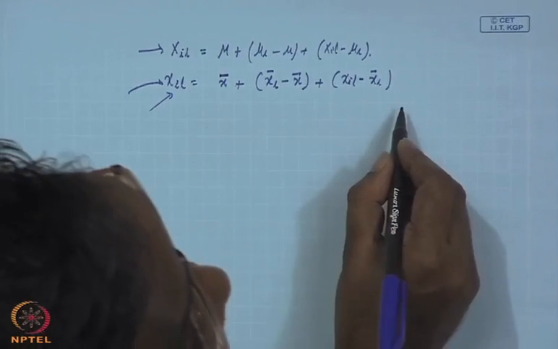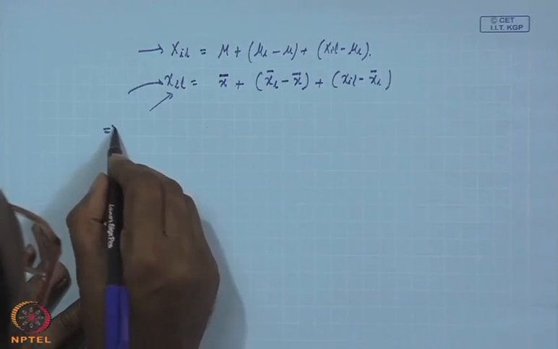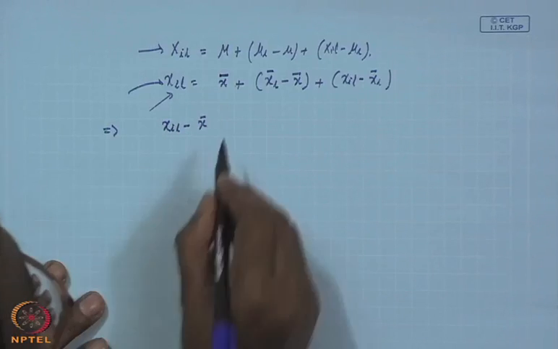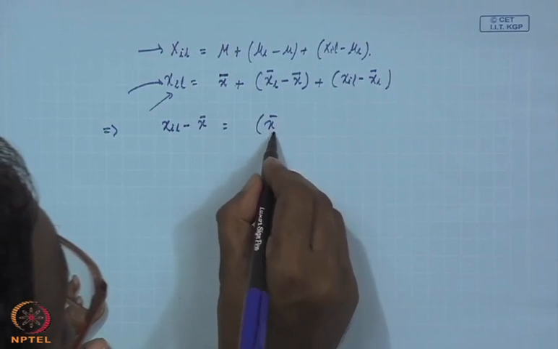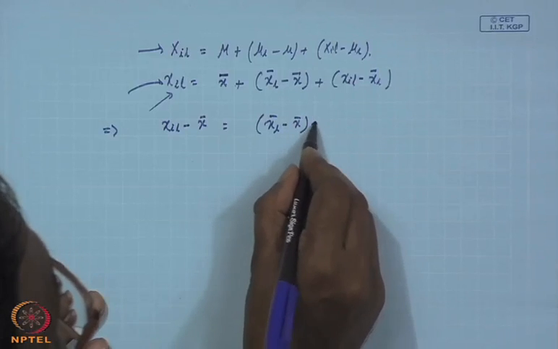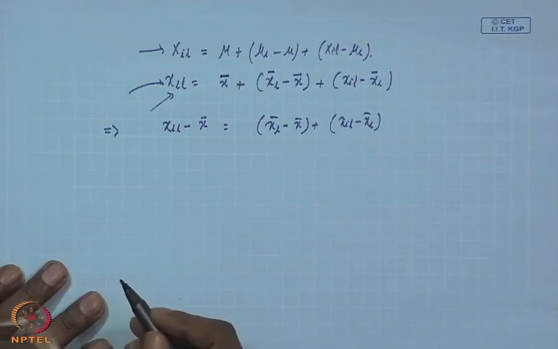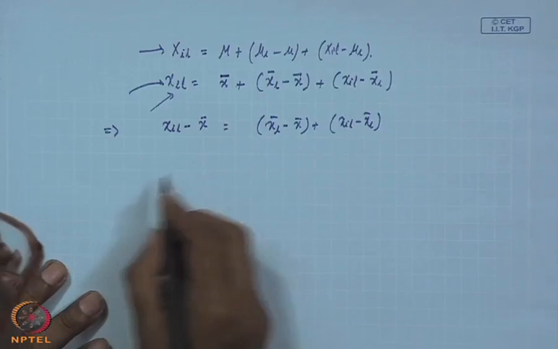So, it is okay. Now, you do a little manipulation: x I l minus x bar equals x l bar minus x bar plus x I l minus x l bar. Square the term.